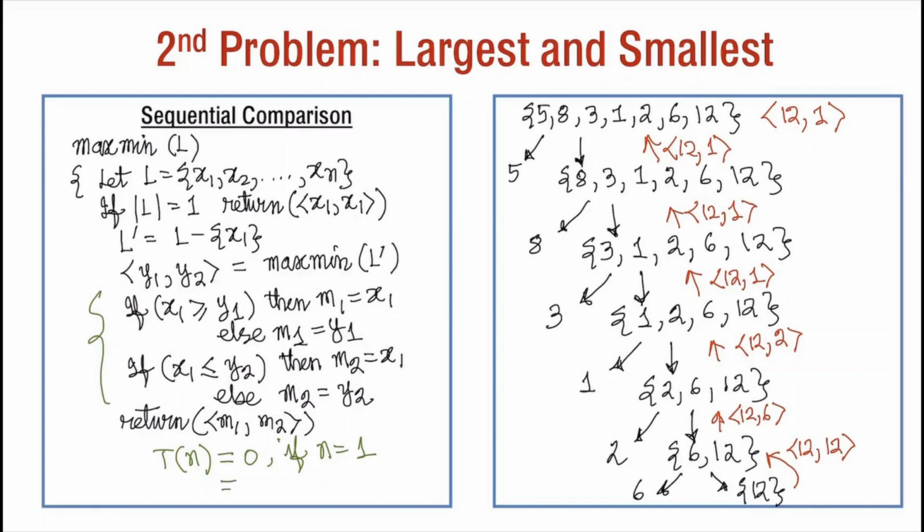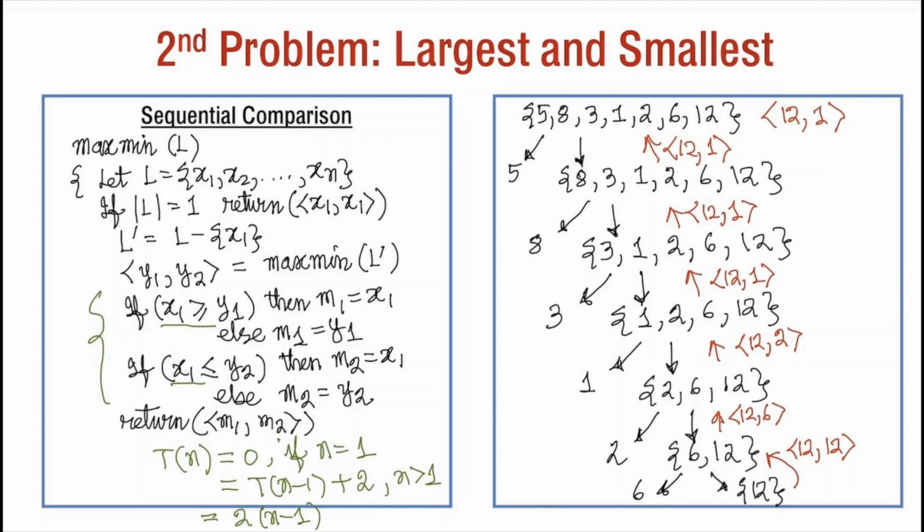Otherwise, it is equal to Tn minus 1 plus 2, because we are doing two comparisons, one here, one here, if n is greater than 1. So this is our recursion here, and you can easily see that this will yield our number of comparisons. The answer of this will be Tn equals 2 of n minus 1. So it will become 2n minus 1. That is the complexity here.